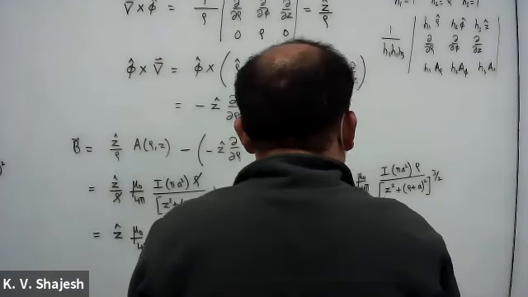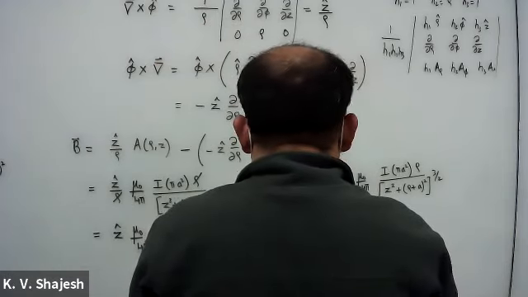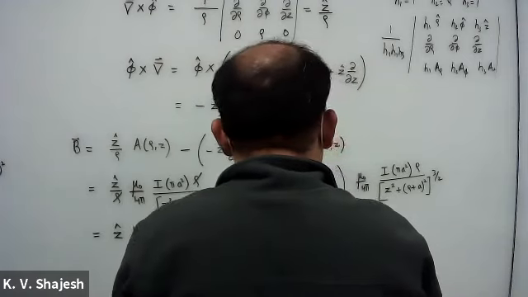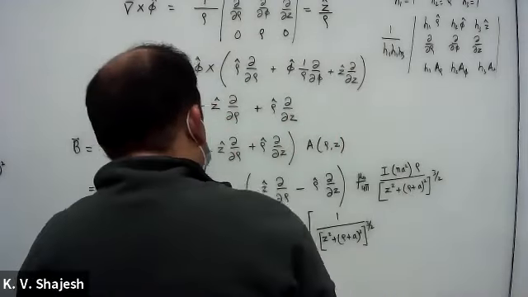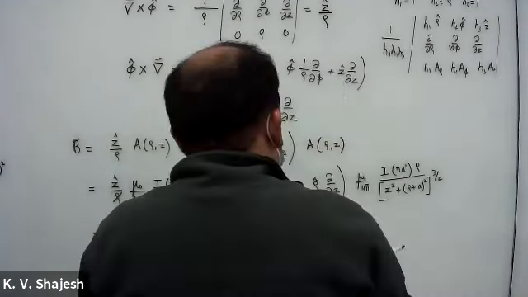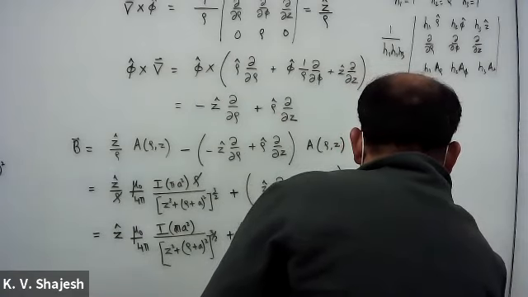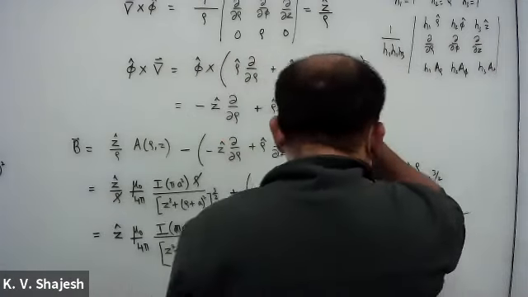Correct, right? I think so. And there's one more term when I hit the denominator, and that is minus 3 by 2 of z square, to the 3 by 2 derivative, right?